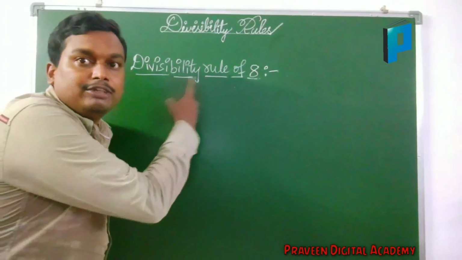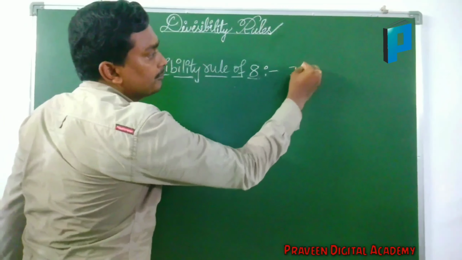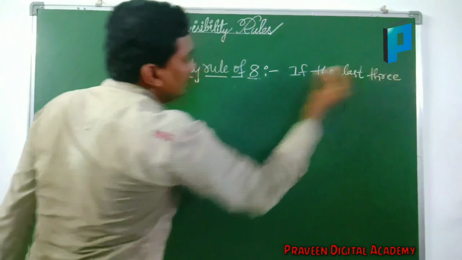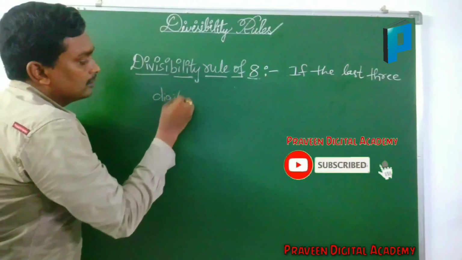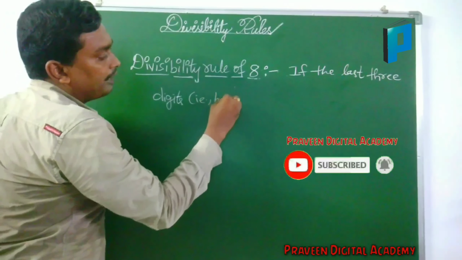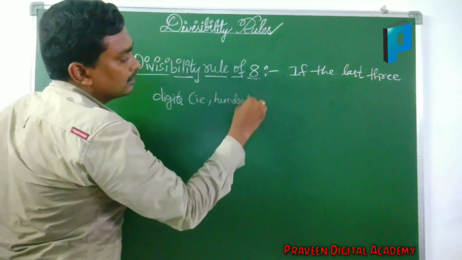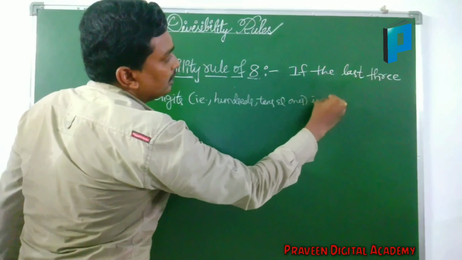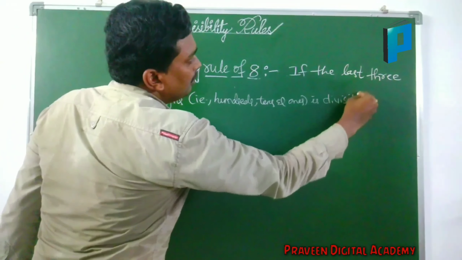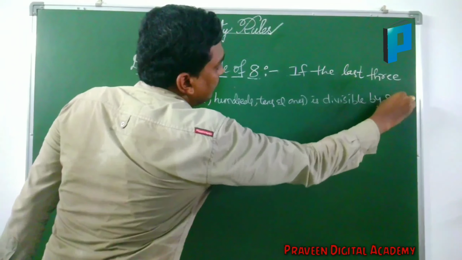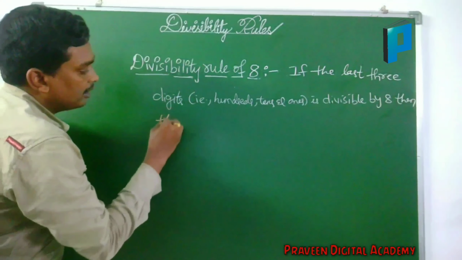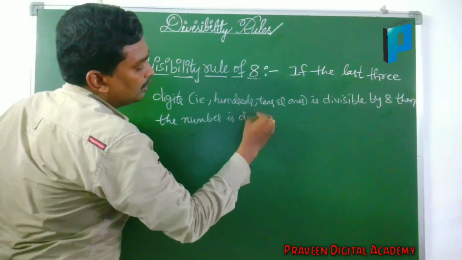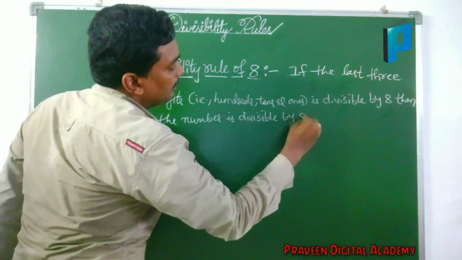Now, let us go for the divisibility rule of 8. If the last 3 digits, that is hundreds, tens and ones, are divisible by 8, then the number is divisible by 8.